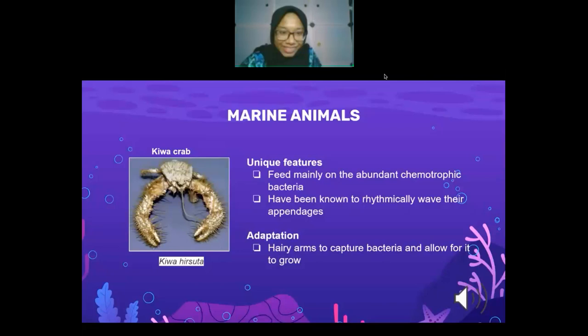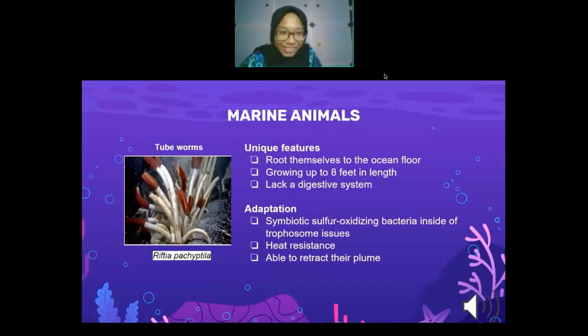Juveniles are also found in the cooler water. Their hairy arms are a great adaptation, which increases the surface area to grow the bacteria and to capture microorganisms and nutrients. They might also act as a sensor to find mates and scavenge food.